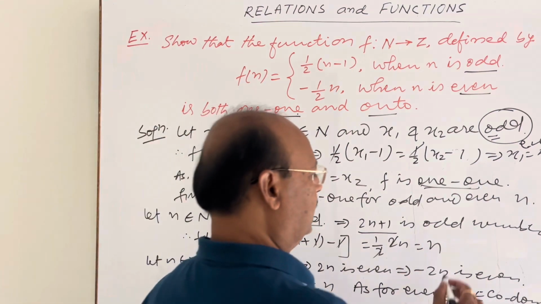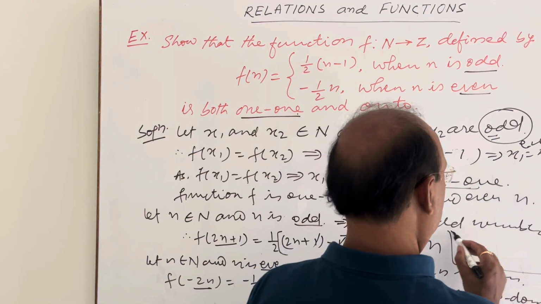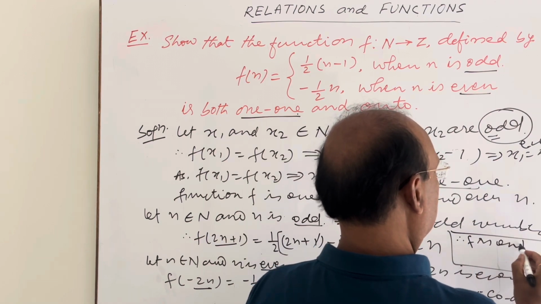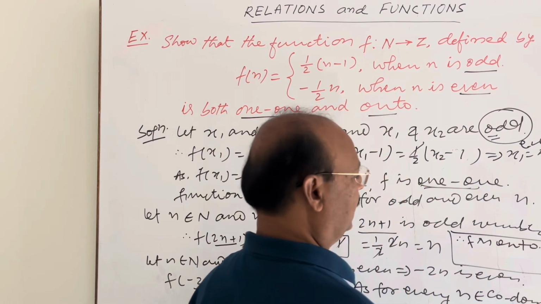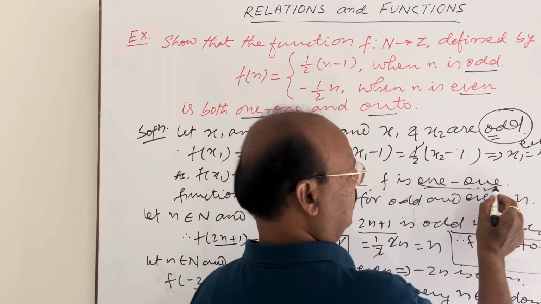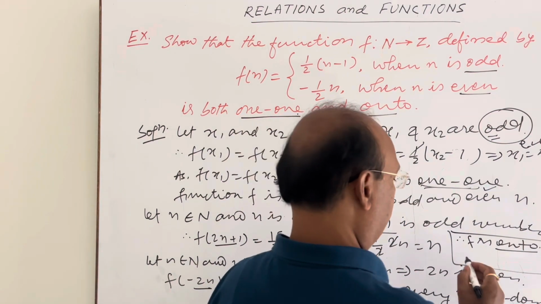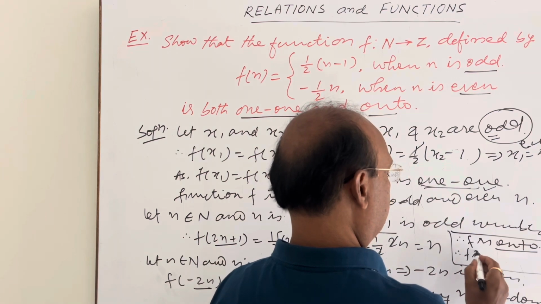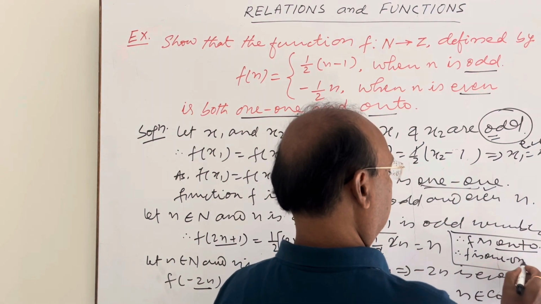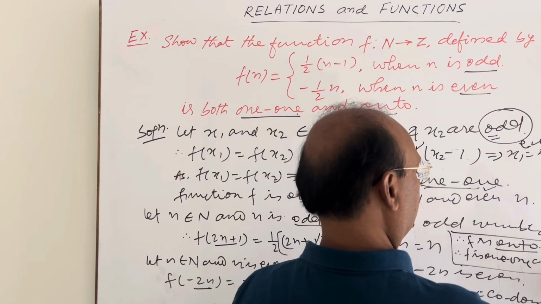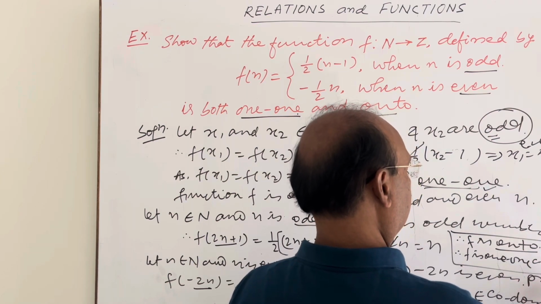Therefore f is onto. We are proving here that f is one-one, and we are proving here that f is onto. So therefore f is one-one and onto. It has been proved here.